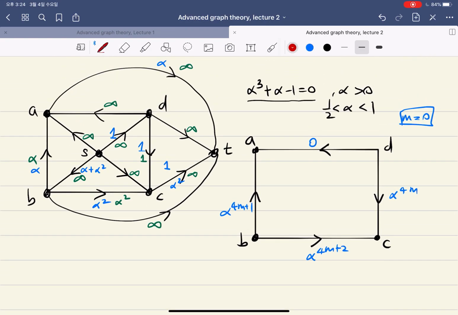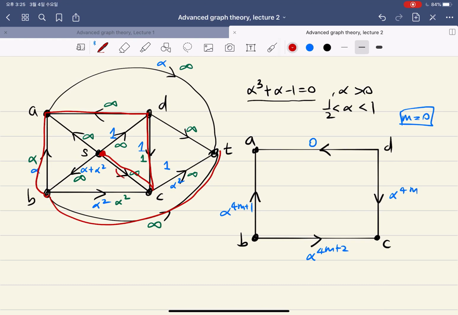Now first, what do we want to do? We want to take the augmenting path, which is S, C, D, A, B, T. So this is an augmenting path.